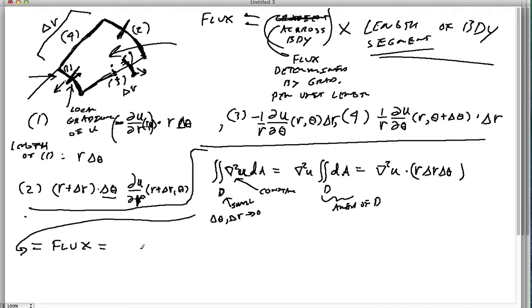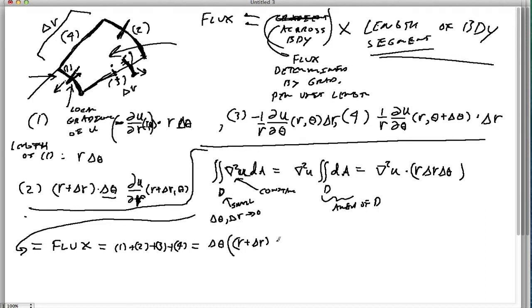Which now we have to add up all the sides. We have to add up 1 plus 2 plus 3 plus 4. Okay? And that's going to be, we just have to add them all up. And we'll do it this way. First we have a delta theta, and that's going to be an r plus delta r.